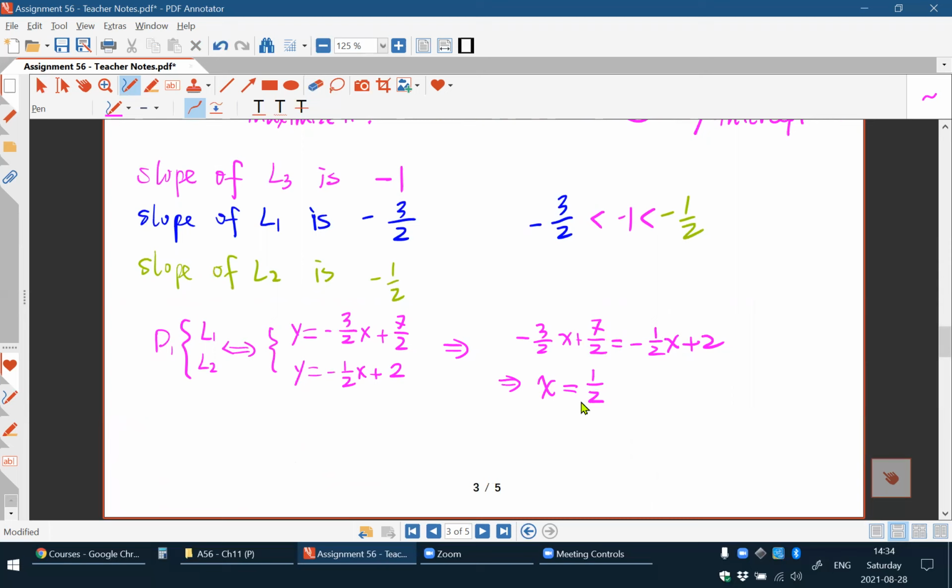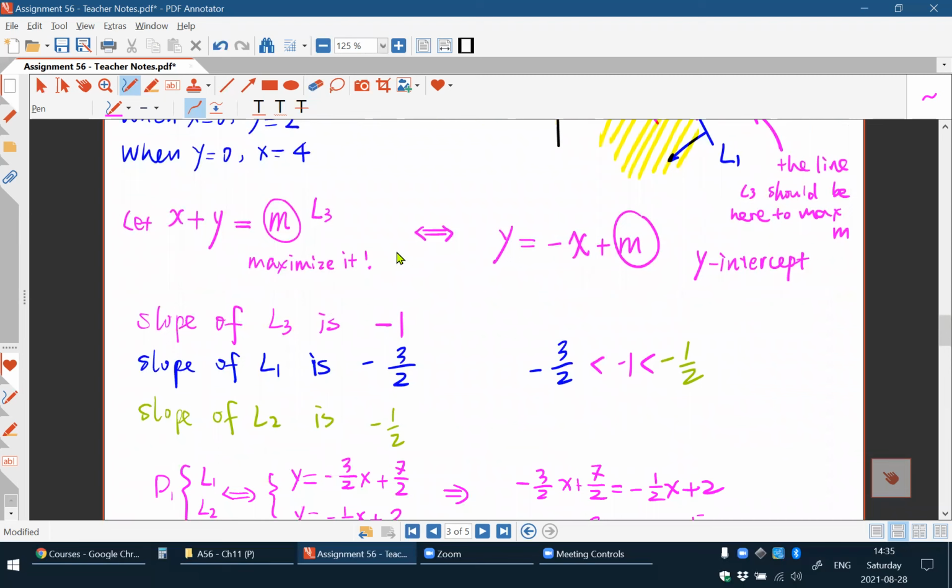So x is 1/2. No, not 1/2, sorry. x is 3/2, and y is 5/4, right? Okay, so the intersection P1 is 3/2 and 5/4.